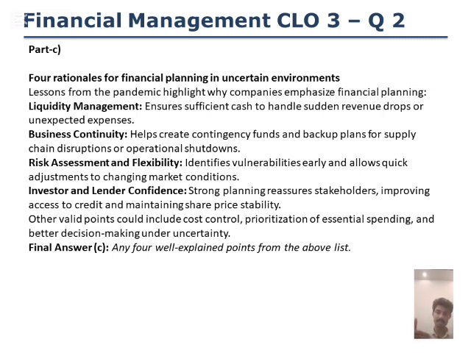If revenue decreases or expenses increase, they can easily manage it. For business continuity, they should have backup plans or enough excess funds so that their business can run in the future. For risk assessment and flexibility, they should make a risk assessment for their business.